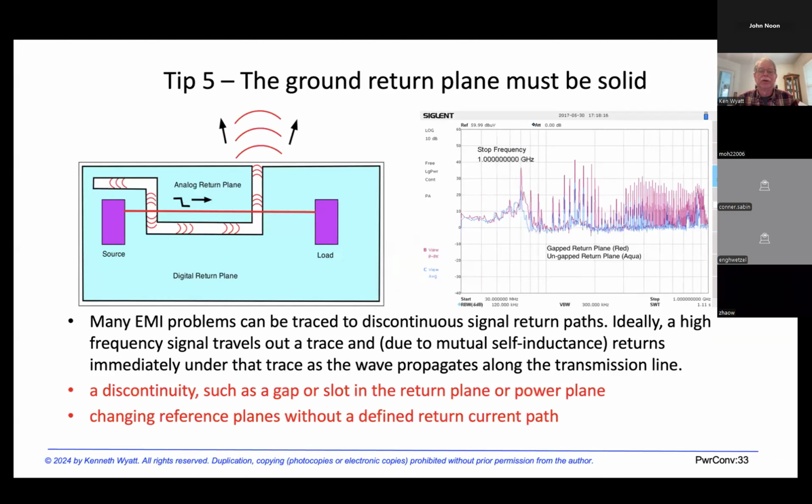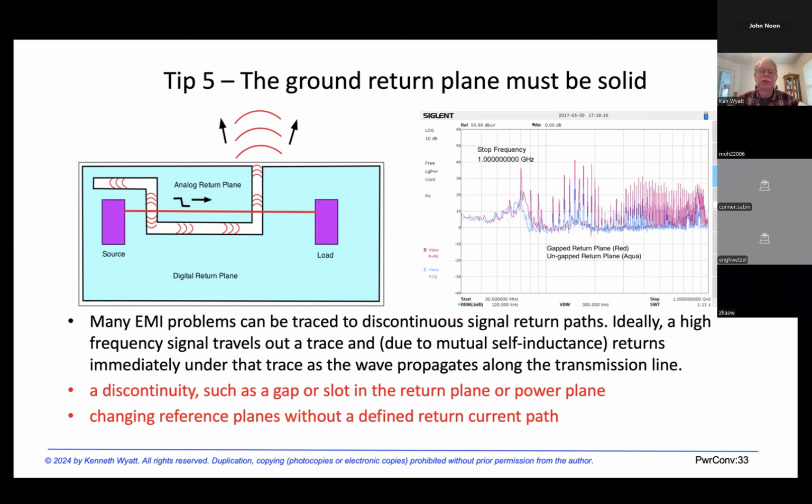Tip 5, a ground return plane must be solid, and we did get some questions from some power conversion designers as to whether the plane must be solid under the switch node or under the switch inductor. There are exceptions.